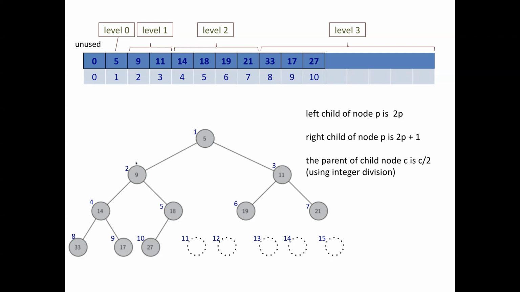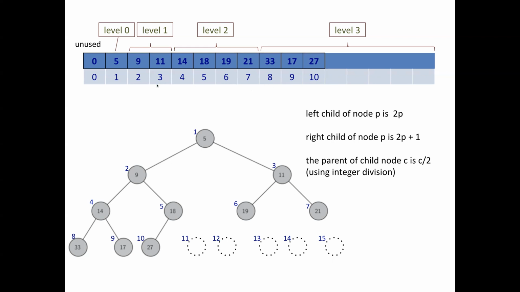So 2p is 2, and 2p plus 1 is 3. So 2 and 3 belong to the children of 1. Now let's look at the children of 2. That's level 2, right? So 2 times 2 is 4, and 2 times 2 plus 1 is 5. So 4 and 5 belong to the children of 2, and 2 times 3 is 6, and 2 times 3 plus 1 is 7. 6 and 7 belong to the children of 3.